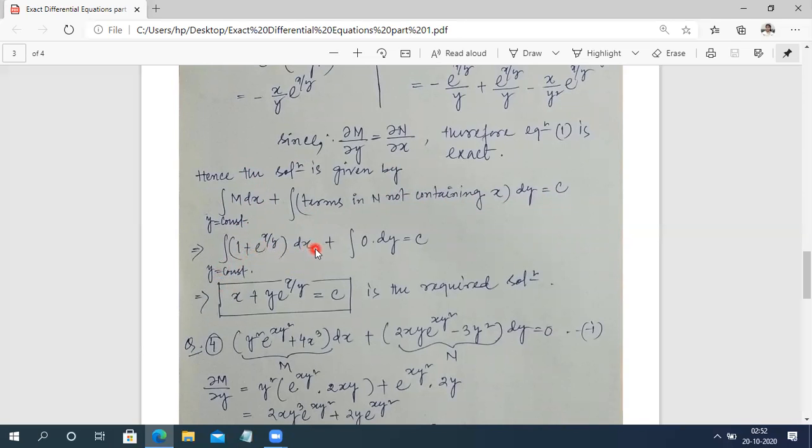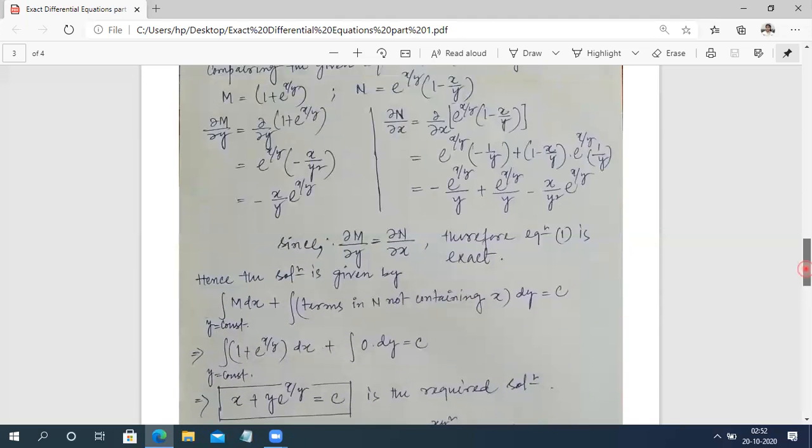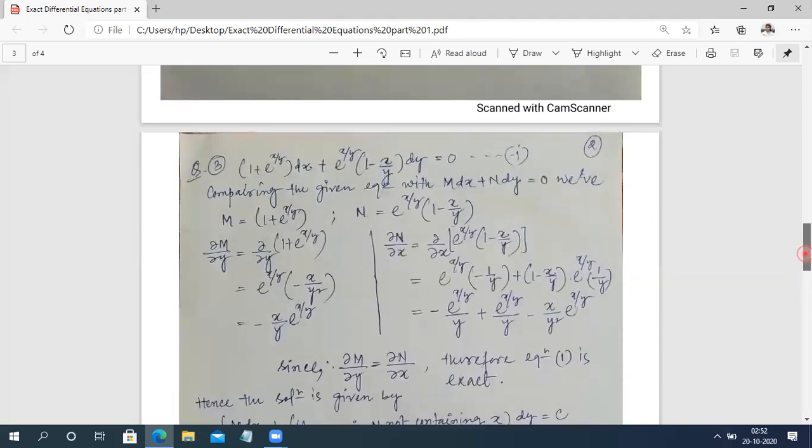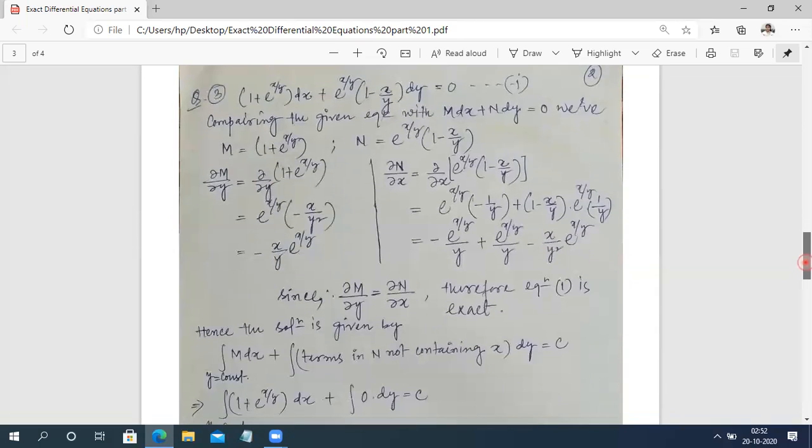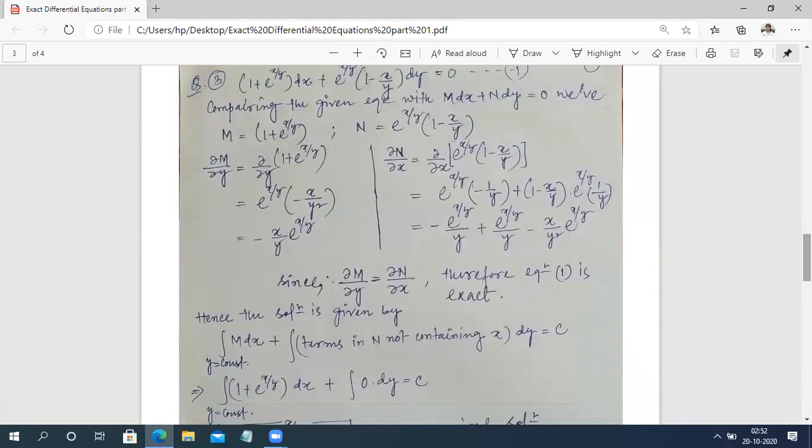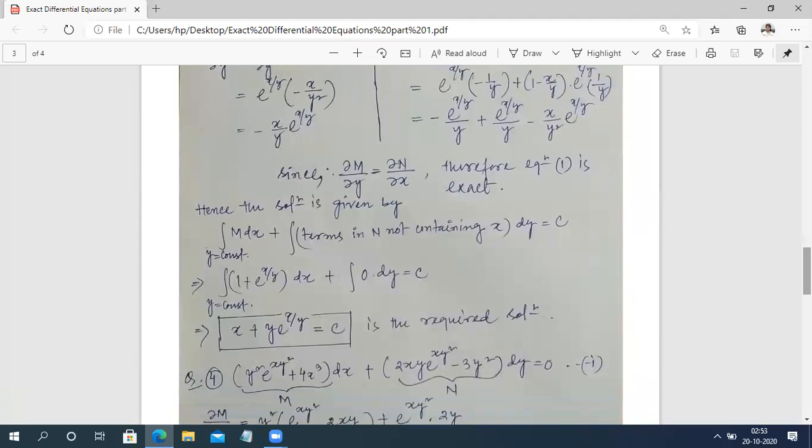So integrate it with respect to dx, keeping y as constant, plus there is no term in n which does not contain x. So it will be 0 into dy. Integration of 0 means 0.